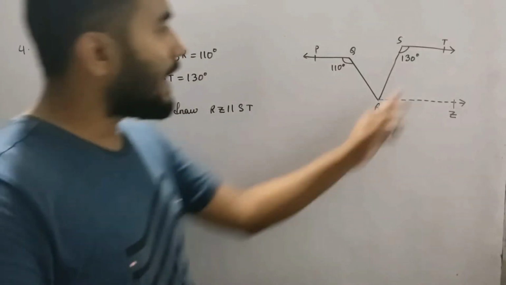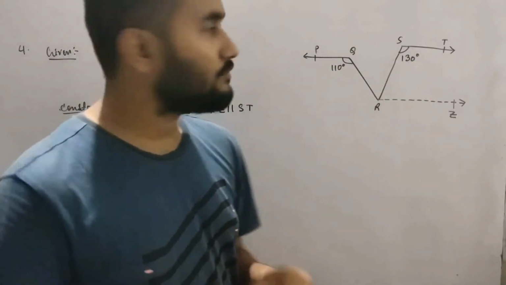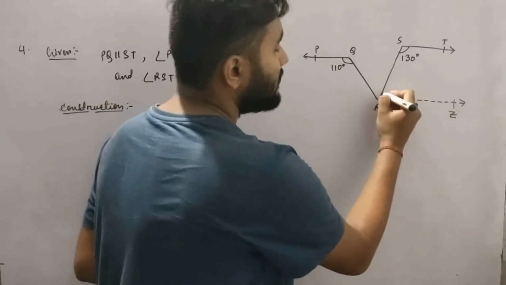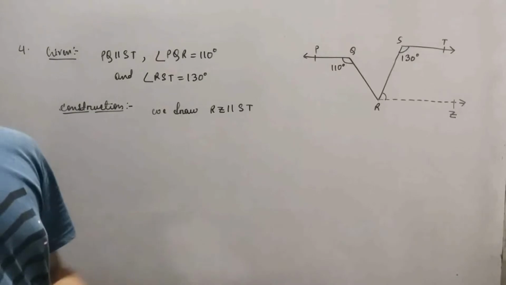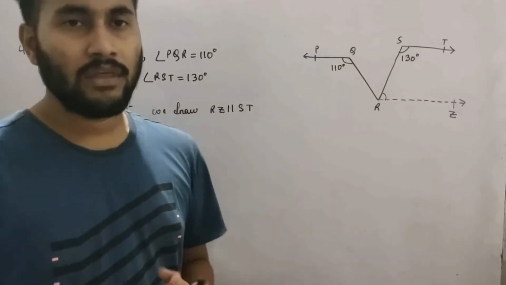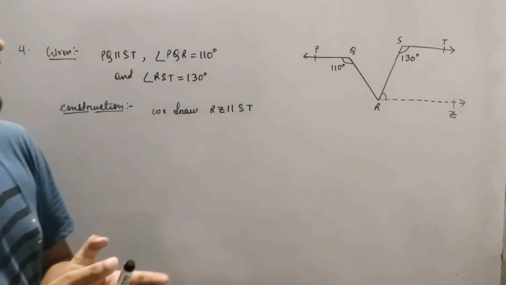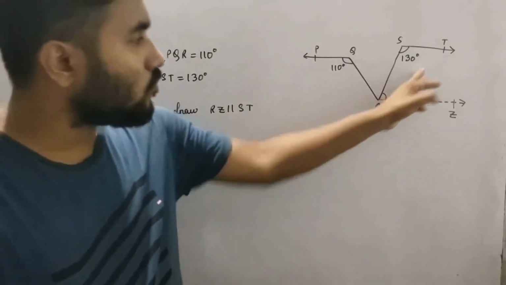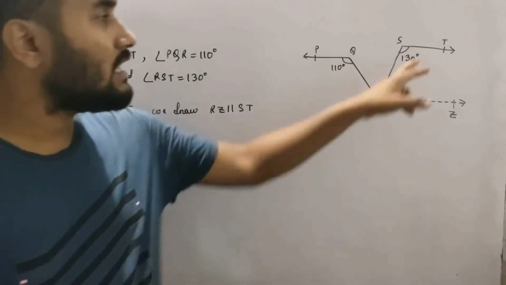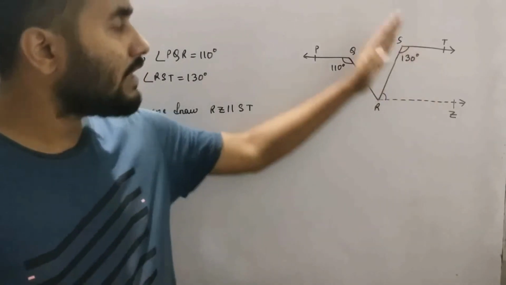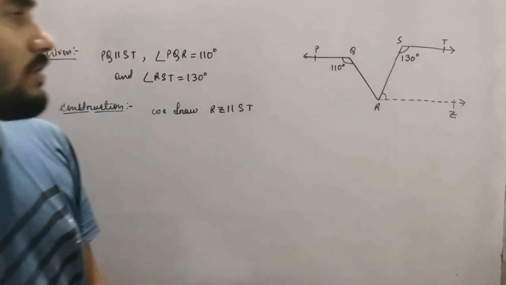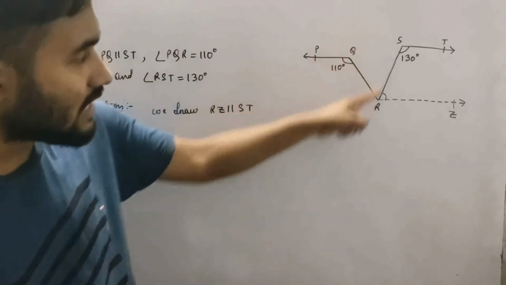Now you see, ST is parallel to RZ. So I can say that these two angles are nothing but our co-interior angles. If you have again forgotten what is co-interior angle: interior angles lying on the same side of the transversal. So these two are parallel and this is the transversal. Understand the diagram. This is the transversal only.